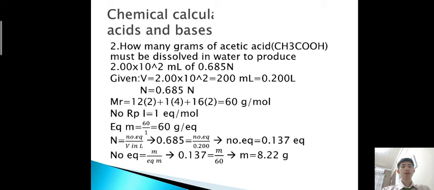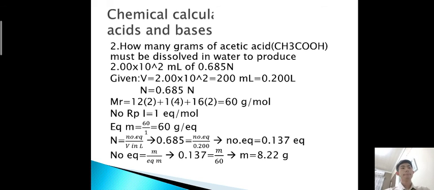Then we use the formula number of equivalent is equal to mass divided by equivalent mass to find the mass of acetic acid. So 0.137 is equal to the mass divided by 60. Mass is equal to 0.137 times 60, which is 8.22 gram.